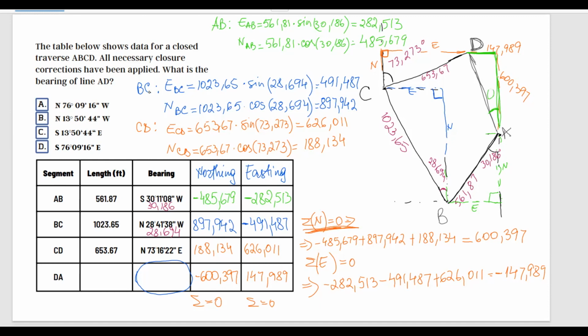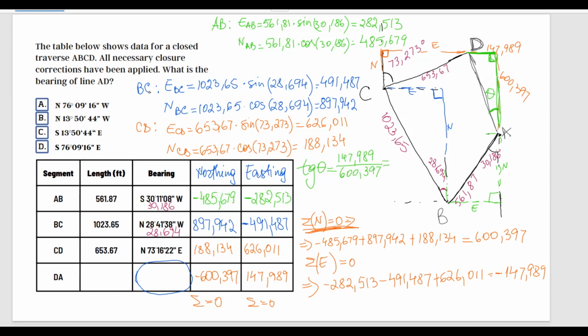Let's call it theta. We know that if we apply the tangent in a right triangle, the tangent uses both catetas. So here I'm going to say tangent of angle theta is equal to opposite over adjacent. So I'll have 147.989 divided by 600.397.